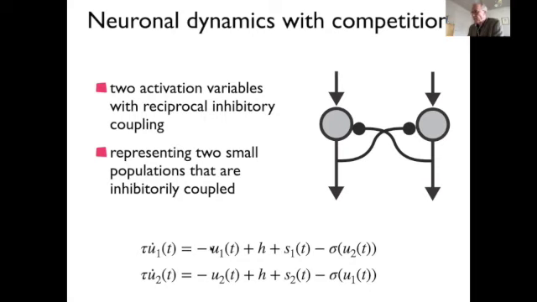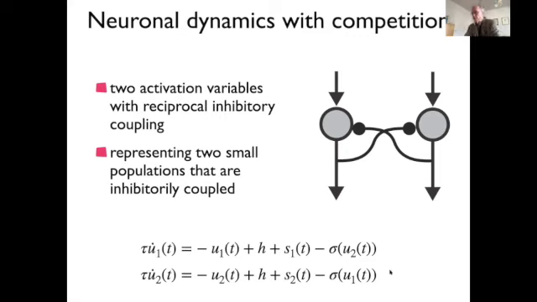In dynamical terms, it really just means that the other neuron, I'm looking at neuron number 1, contributes to the rate of change of neuron number 1 with a negative number. There could be a constant here, which I dropped, but it makes a negative impact. And conversely, neuron number 1 contributes to the dynamics of neuron number 2 with a negative number.